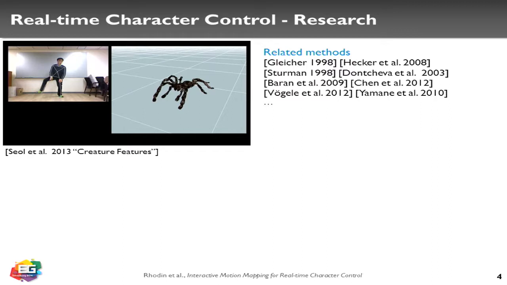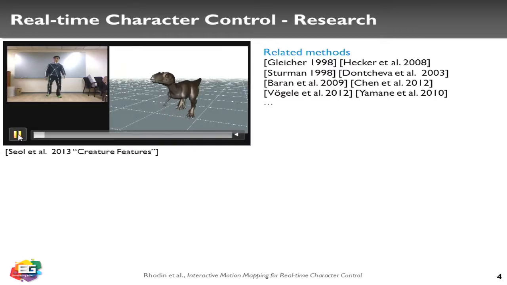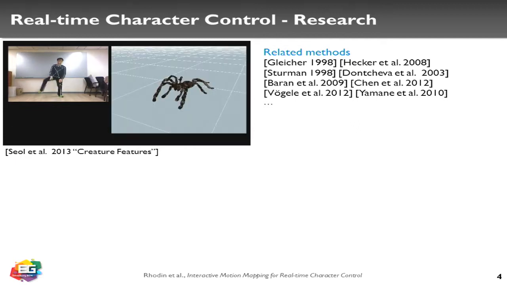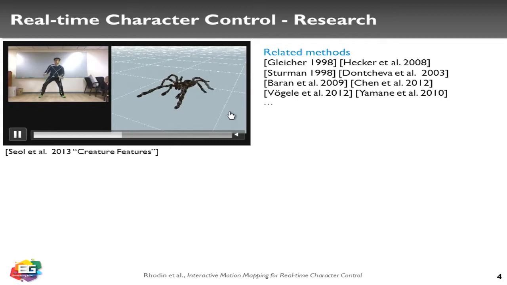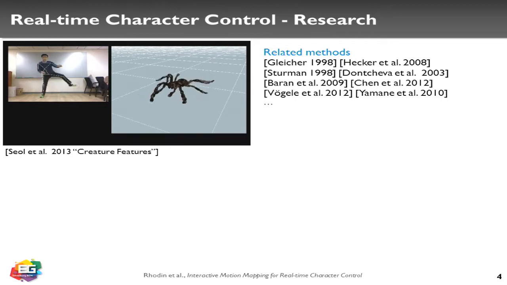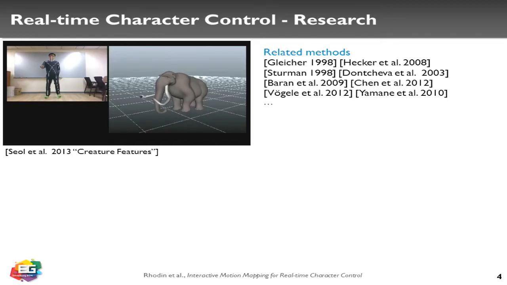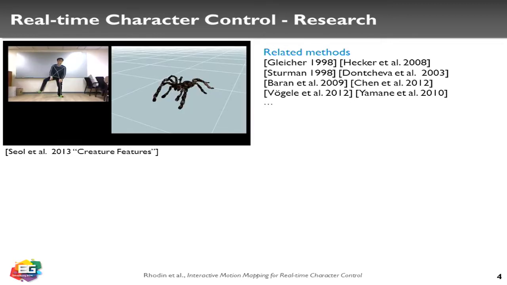As you can see here, depending on the hand's position and the motions, the characters do different things. For example, the hands in this case control the front legs, and the lower legs somehow control the rest of the body. But it's still based on skeletons. So it's some kind of in between motion retargeting and mapping and learning some behaviors.